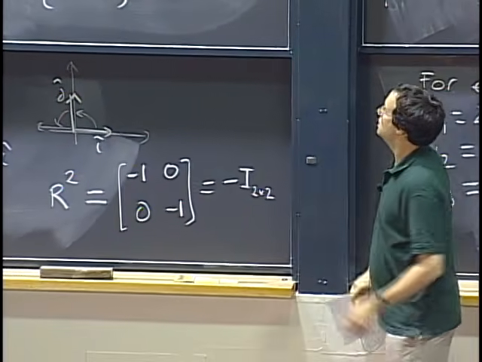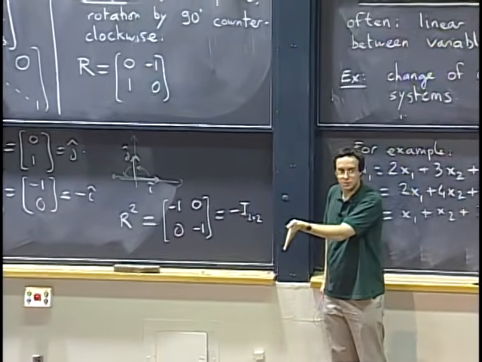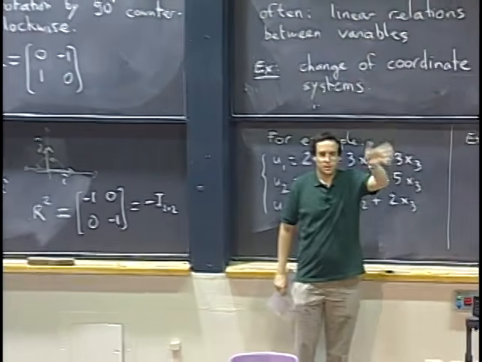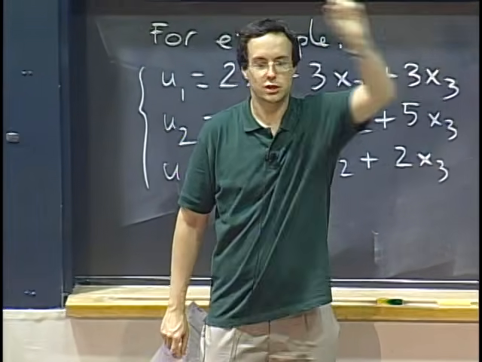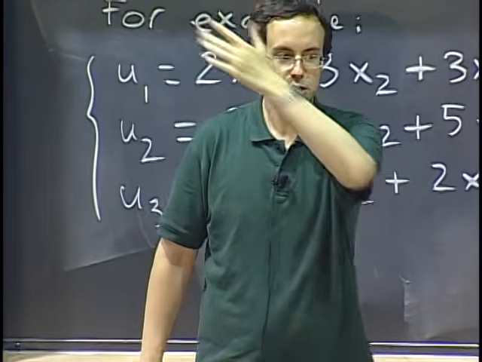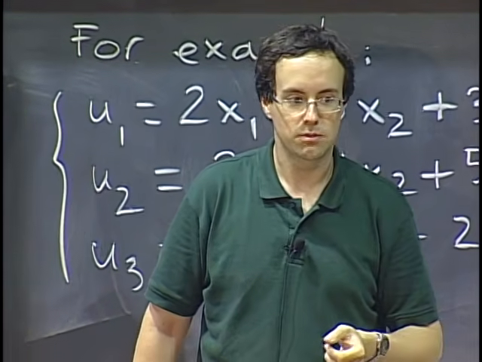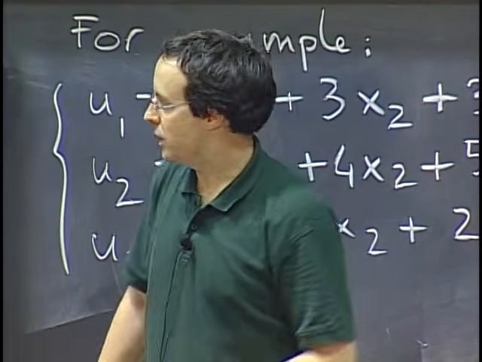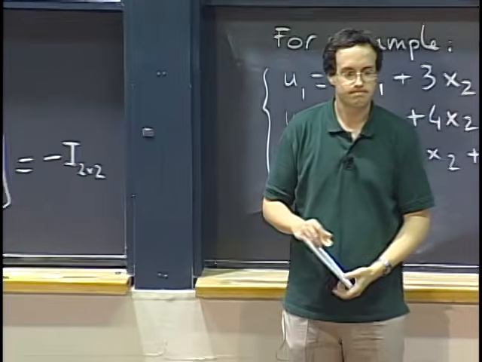Why is that? Well, if I rotate something by 90 degrees, and then I rotate by 90 degrees again, then I will rotate by 180 degrees. That means I will actually just go to the opposite point around the origin. So I will take (x, y) to (minus x, minus y). And if I applied R 4 times, R to the 4 would be identity.